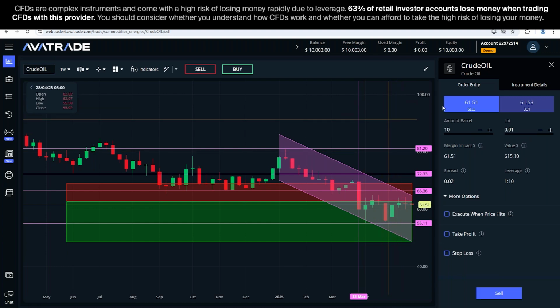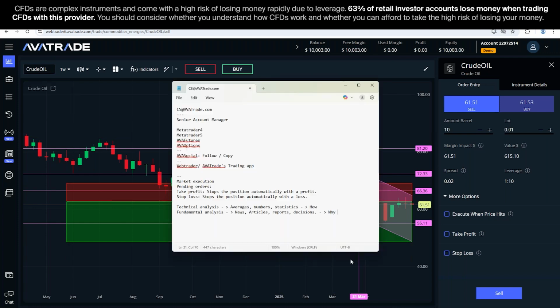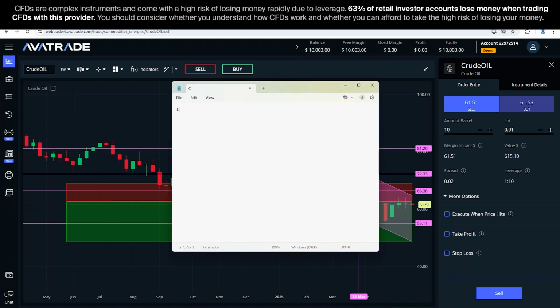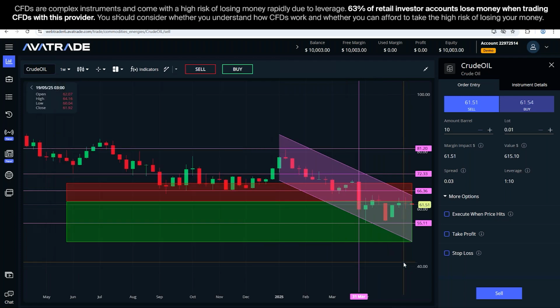So at the moment, with crude oil in mind, let's be a bit more organized. So we've got crude oil, we've got a sell in mind, and at the moment, we're going to set certain things that will help us construct the position with a bit more sense. Okay, all right, and let's see where we've marked.